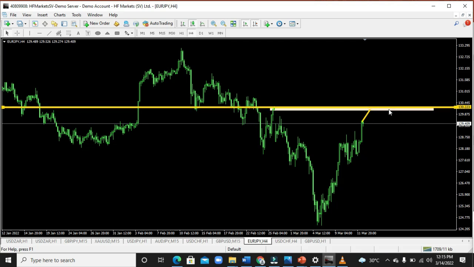So what you are saying is, whenever the market reaches this price, which is 130.223, you know it will drop. So you are going to set a sell stop at that particular zone, telling the brokers if the market reaches this 130.223, what they should do for you is to sell it for you. And that's where you make your profit.